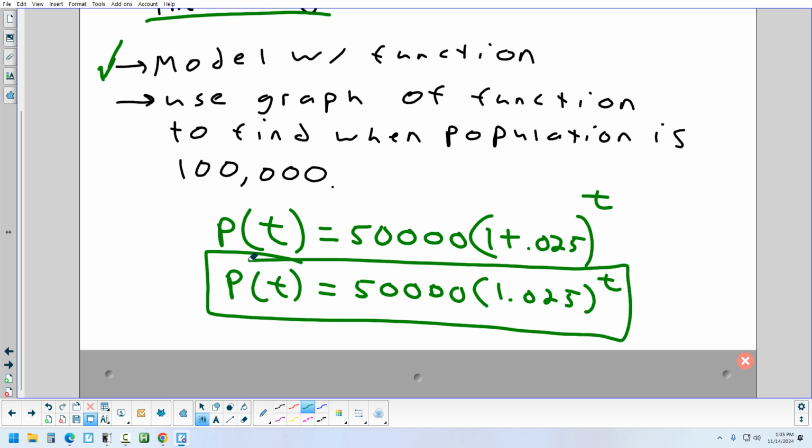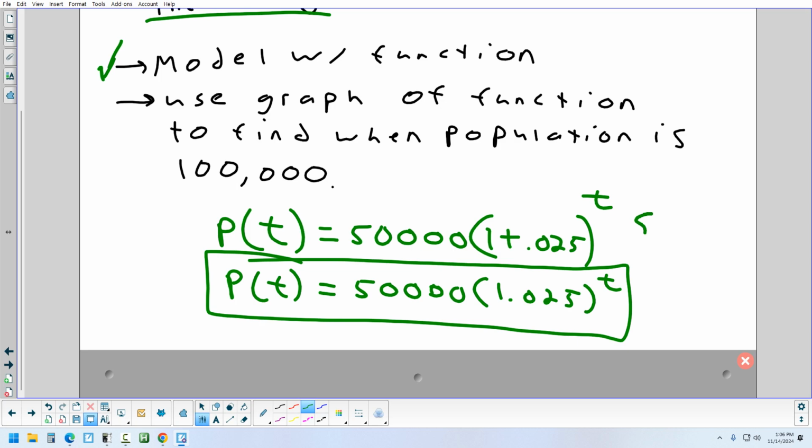Why didn't you distribute? Couldn't you have done either? Well, when you have something raised to an exponent, PEMDAS says exponents always come before multiplication. So you can't distribute there because you have an exponent. So you do your parentheses first, and then you can't multiply 50,000 times 1.025 because that has an exponent.